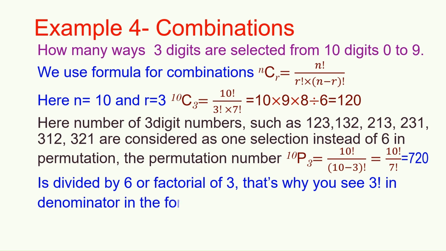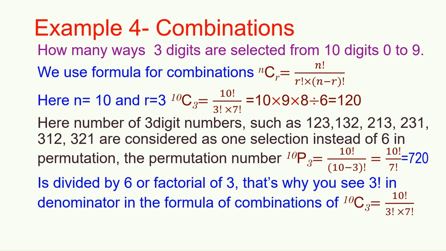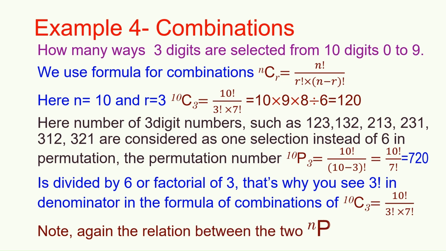That's why you see factorial 3 in the denominator in the formula of combinations, 10C3 equals factorial 10 divided by factorial 3 times factorial 7. Note again the relation between the two. nPr equals nCr times factorial r.